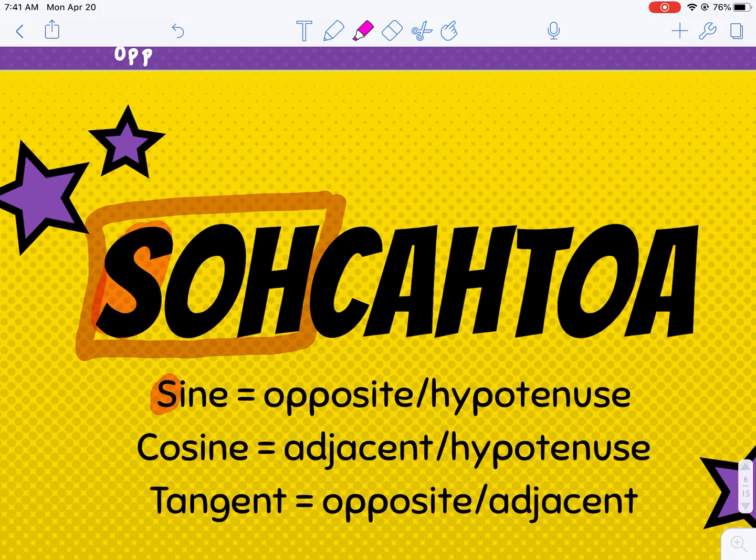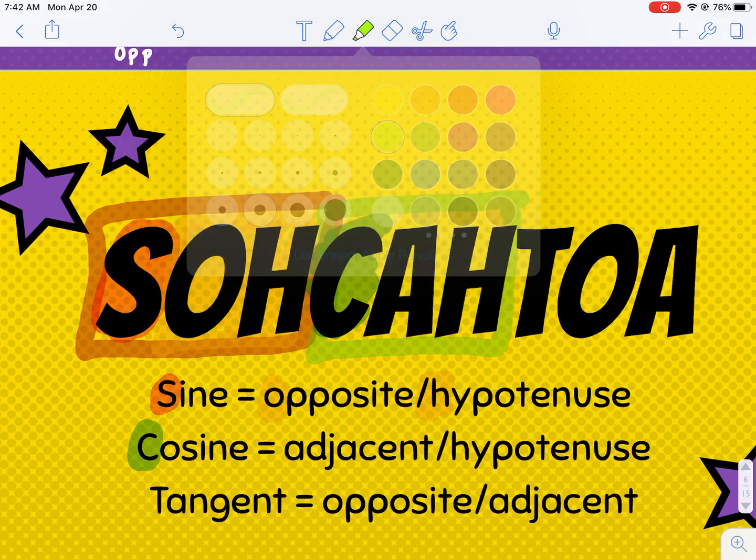The letter S in SOHCAHTOA stands for sine. And then the next two letters tell me what the rule is. So opposite over hypotenuse. Right, here's the O, there's the H. CA tells me cosine is adjacent over hypotenuse because the C stands for cosine.